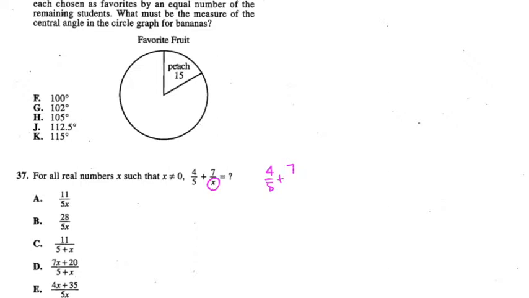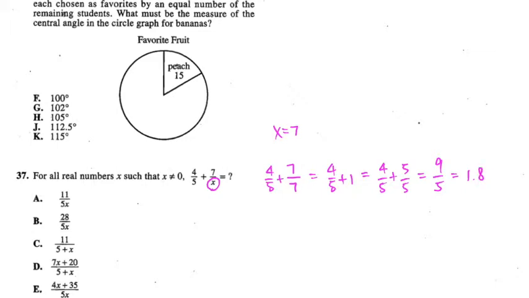Let x equal 7. 7 over 7 is 1. That's 4/5 plus 1. Or we could rewrite that as 4/5 plus 5/5, which is 9/5, or if we want to write this as a decimal, that's 1.8.